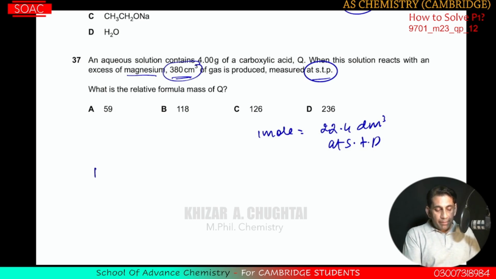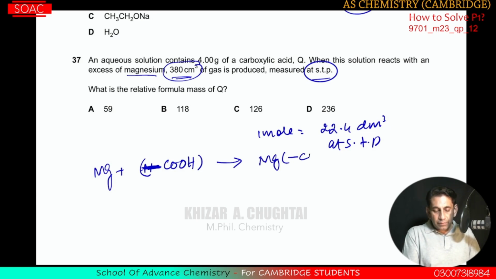Whenever magnesium reacts with any carboxylic acid, with an unknown chain, generally speaking, I'm drawing a line over here, COOH goes to a salt of magnesium twice and hydrogen gas is formed.